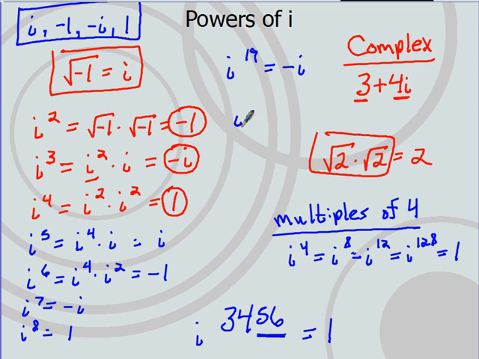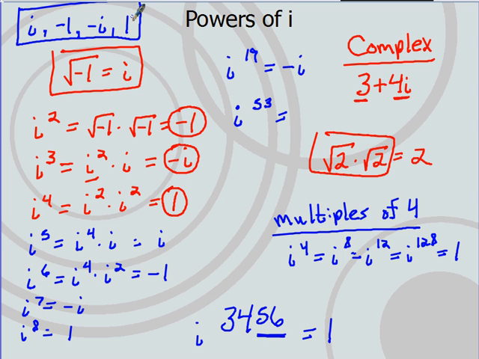What if I wanted you to do i to the 53rd power? Is 53 a multiple of 4? No, give me one close to it, though. If you need to, count up from 40. 48, that'll work.